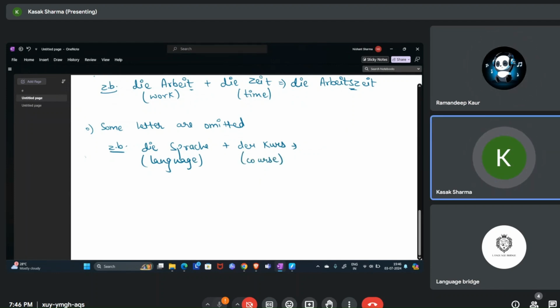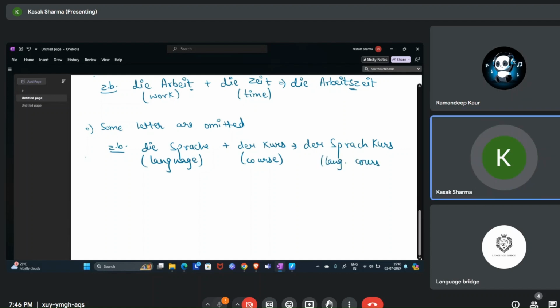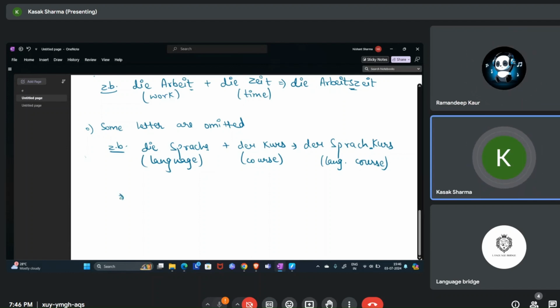Combining these two, it will be der Sprachkurs, which is language course. Now I have omitted the E here. It is Sprache, but I have omitted the E here.